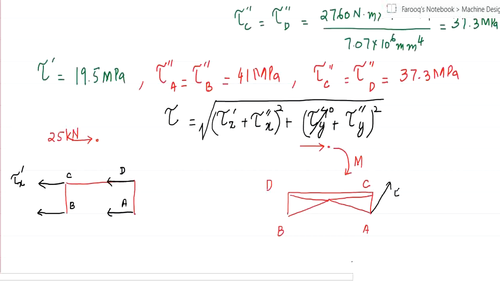So secondary shear at A will try to rotate RA in counterclockwise direction, and it is going to make an angle 90 with RA. Similarly, secondary shear at C will also try to rotate RC in counterclockwise direction, and it again is going to make an angle 90. Same goes for secondary shear at D and secondary shear at B.